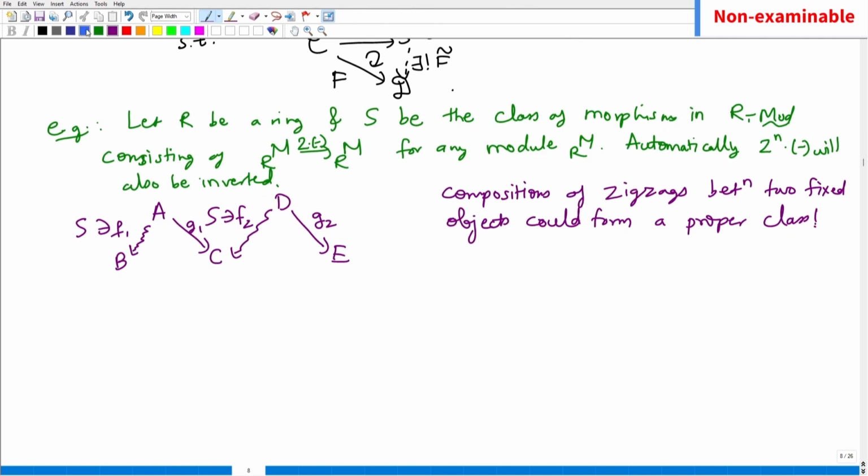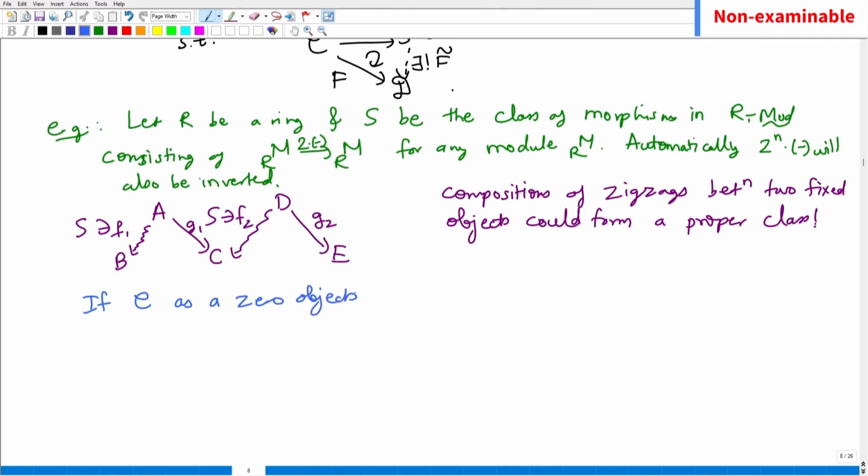Okay, so this is one thing that I want to emphasize, and then there is another thing which you should also know about. I am going to use a different color. If C has a terminal object, a zero object, let's say we are talking about an abelian category.